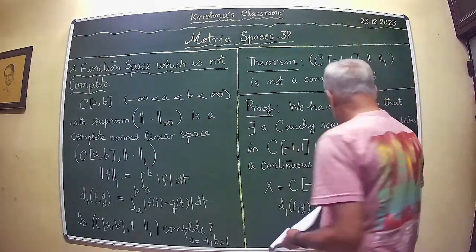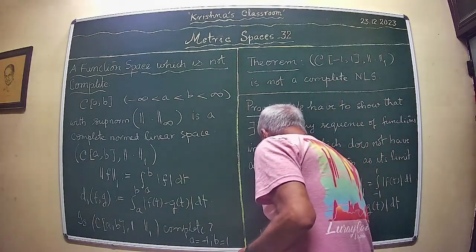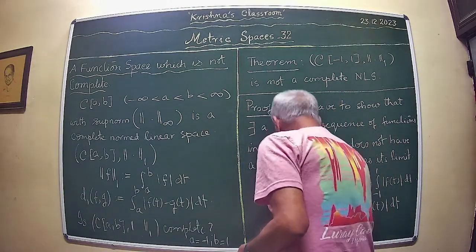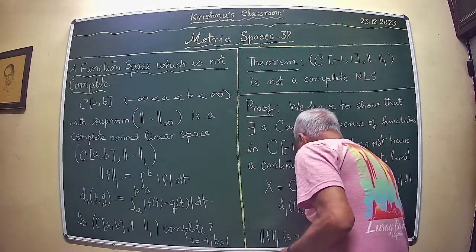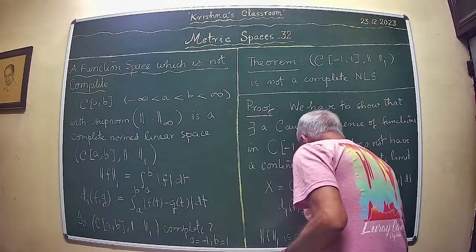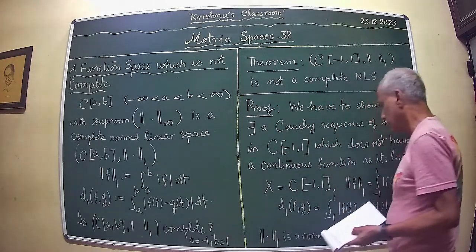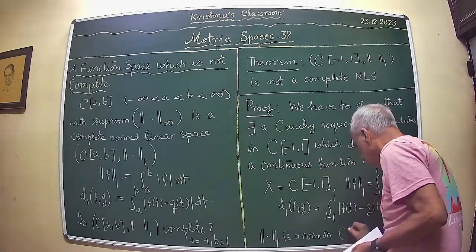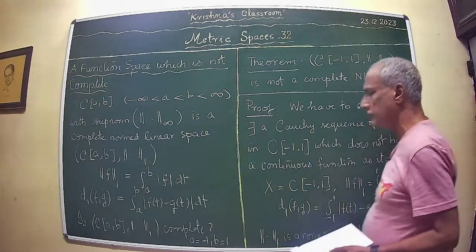Now clearly, one can easily show that this is a norm on C[-1,1].